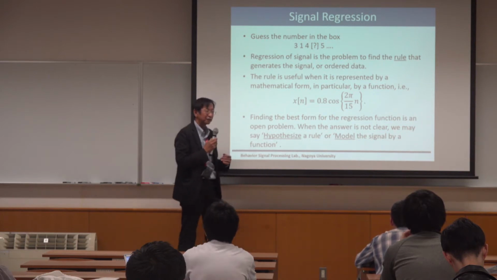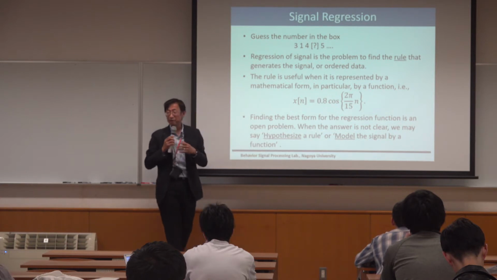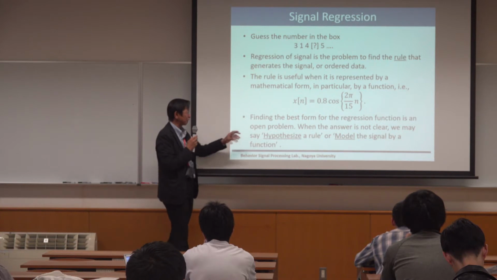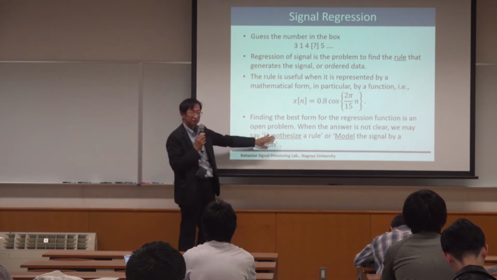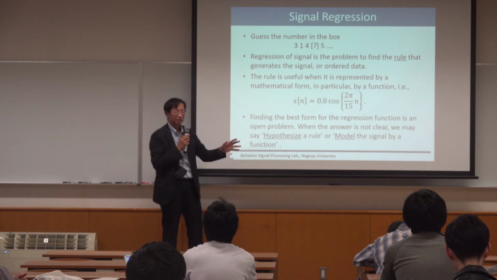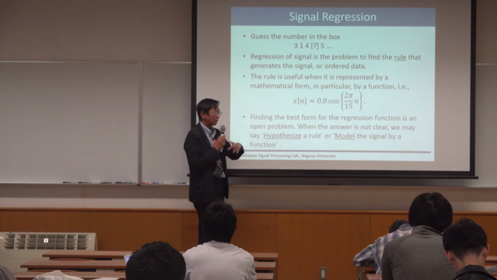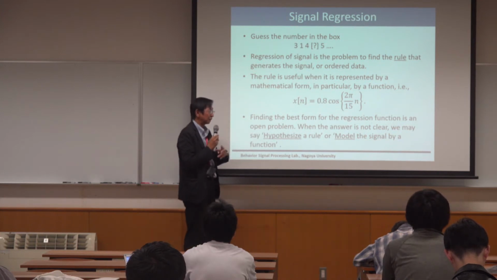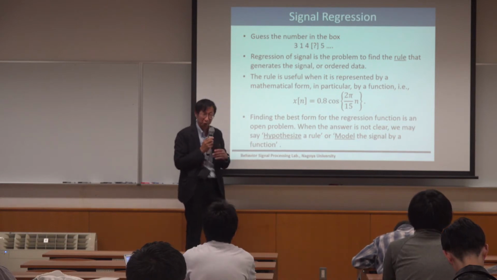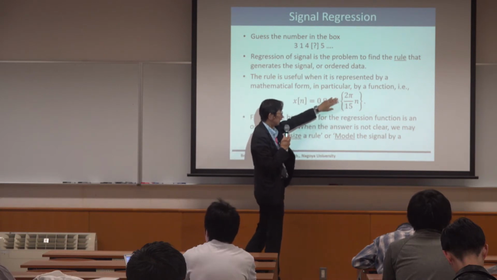If you have some insight or basic understanding of the phenomena that you are observing, then you can make some hypothesis that this data and this data are somehow correlated or associated with a rule like this. In this case, x and n are associated with this rule.